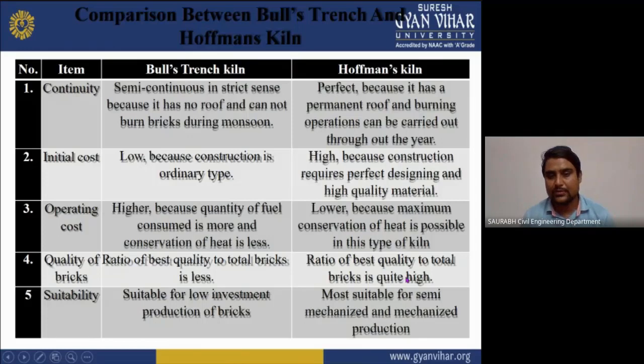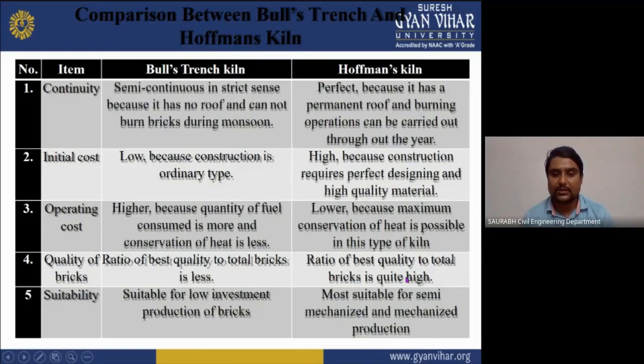Now we will see the operational cost. Operational cost is higher in Bull's trench kiln because the quantity of fuel consumed is more and conservation of heat is less. Hoffman's kiln is lower because maximum conservation of heat is possible in this type of kiln. Now we will see the quality of brick.